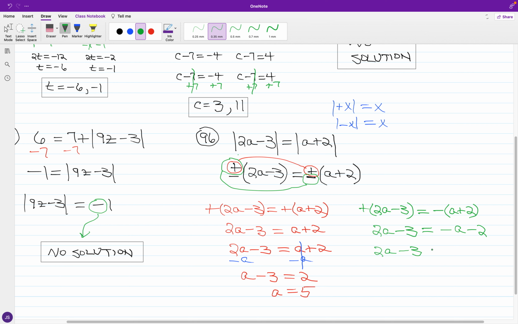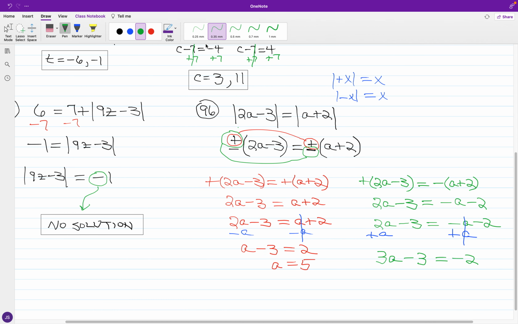And looking at combining variable terms, I'm just going to move the a from the right by adding. And so I have 2a plus a is going to be 3a, and I have 3a minus 3 is equal to negative 2.